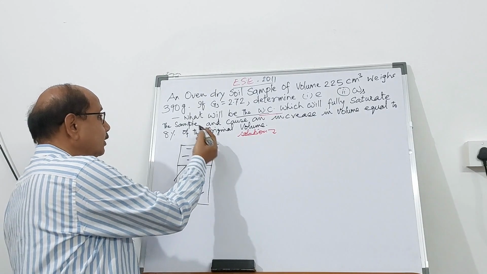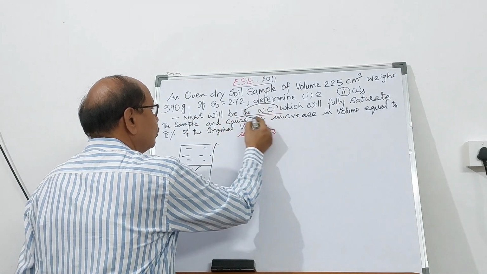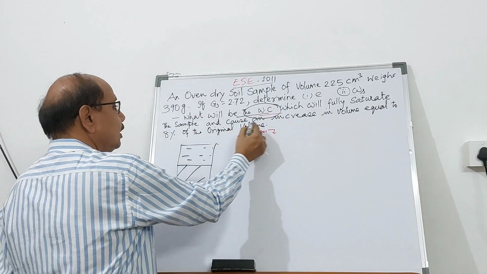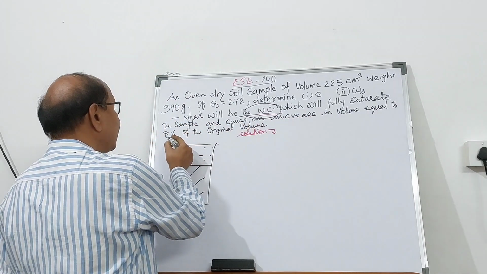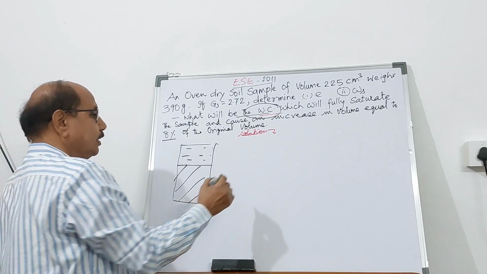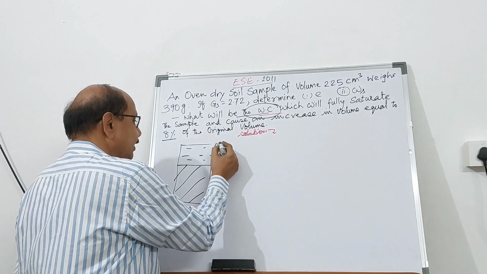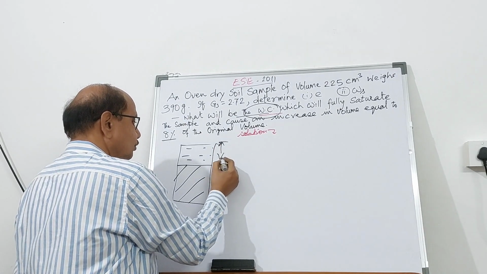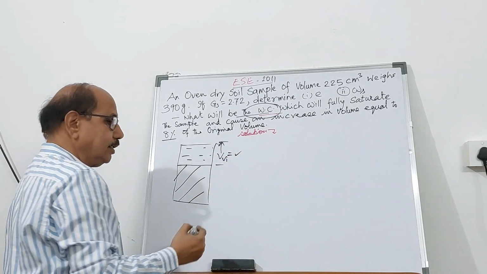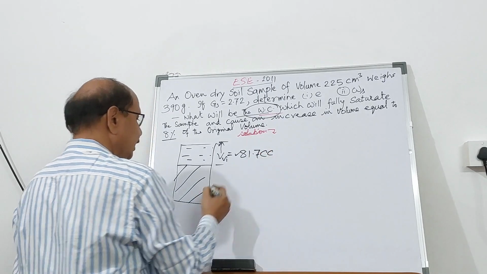So you see, the last part was: what will be the water content which will fully saturate the sample and cause an increase in the volume of the soil equal to 8%. The initial volume of the void is already calculated. VVI is already calculated, which was 81.7 cc.